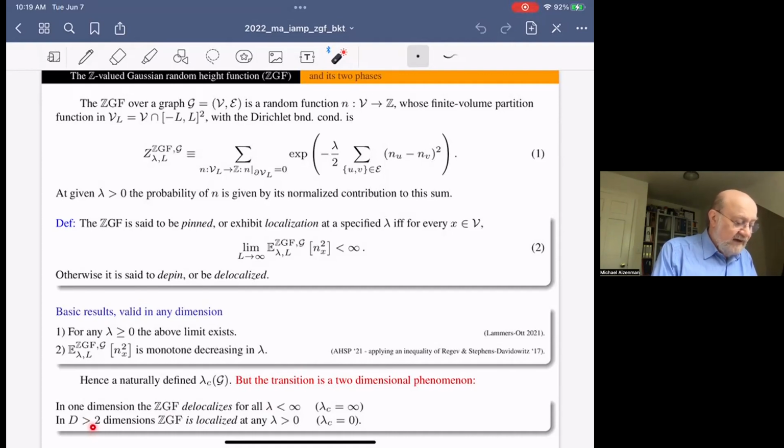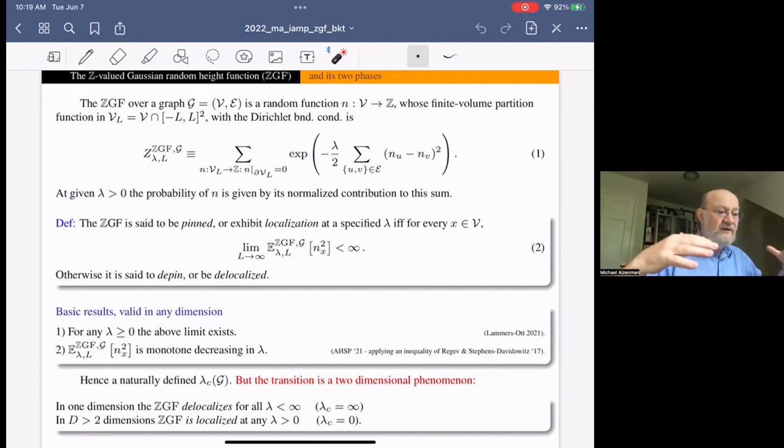Conversely, in dimensions larger than 2, this random surface is always localized in the sense that the infinite volume limit exists of these states, and you get a fluctuating surface which is held in place by the boundary conditions.